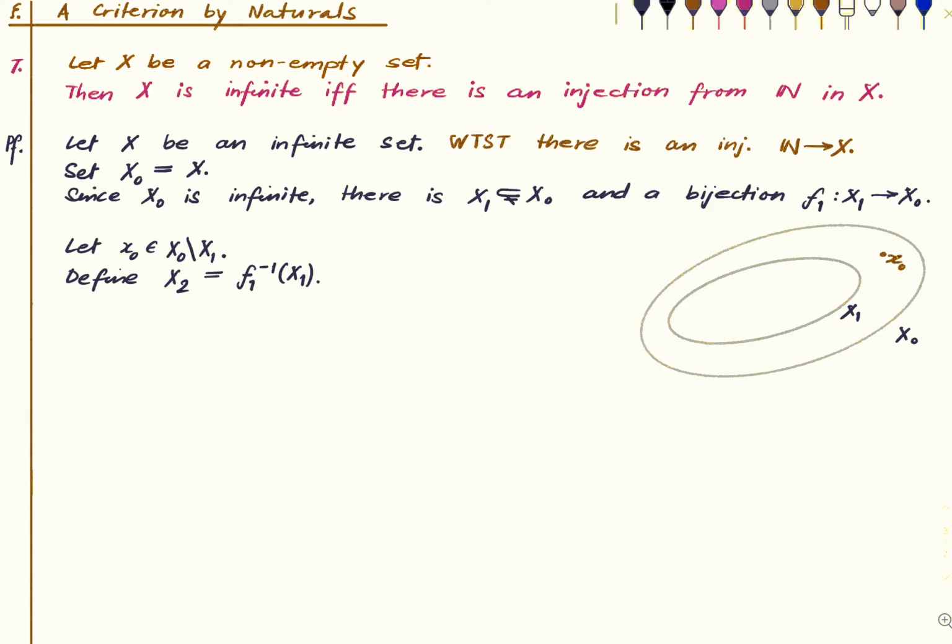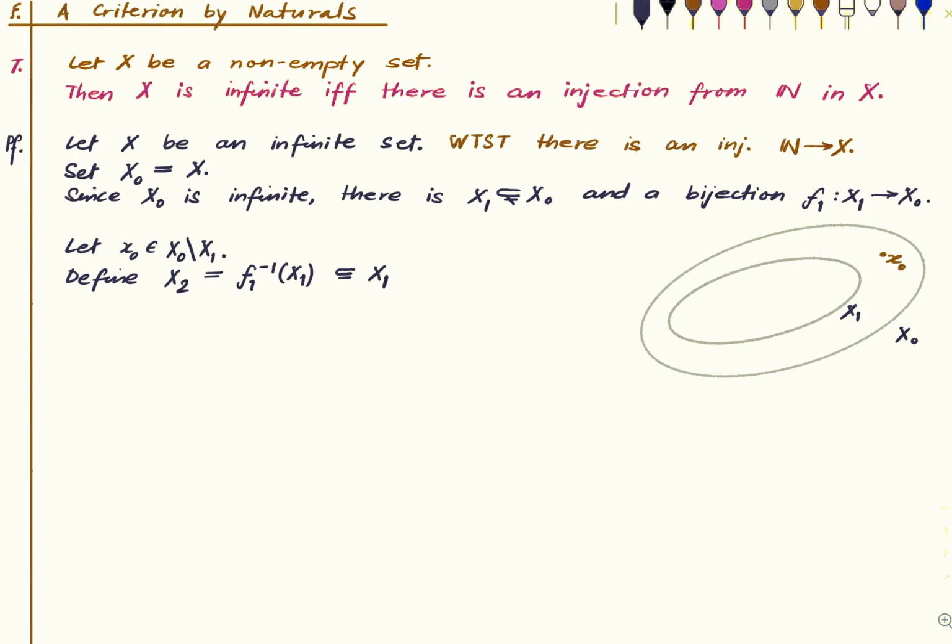And obviously, the preimage of anything will be contained in the domain of F1. So this is clearly contained in X1. This may seem trippy, but there is nothing trippy going on. Okay, so far so good.